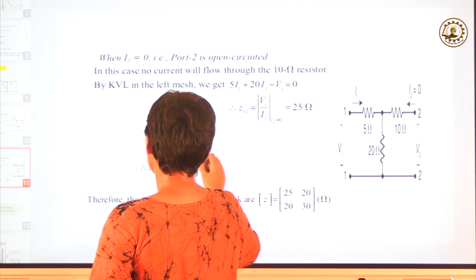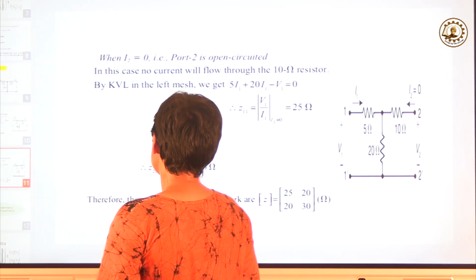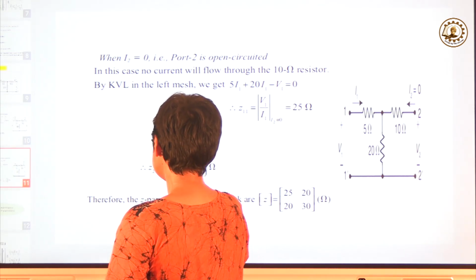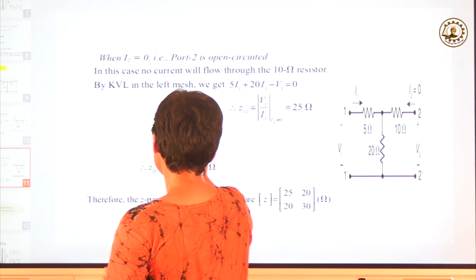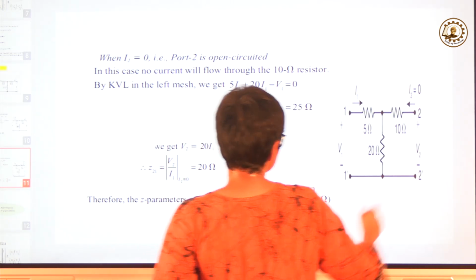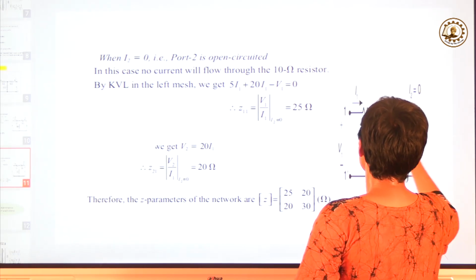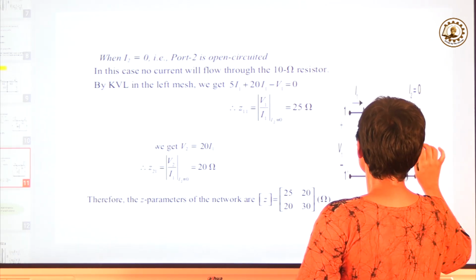The only thing left is Z21. To get Z21 we need a relation between V2 and I1 at I2 equals to 0. Since I2 equals to 0, the drop across 10 ohm is 0.